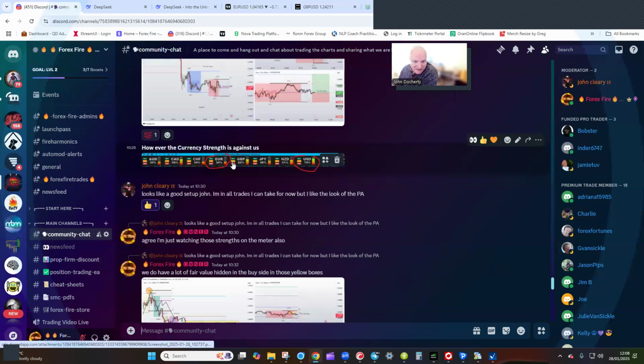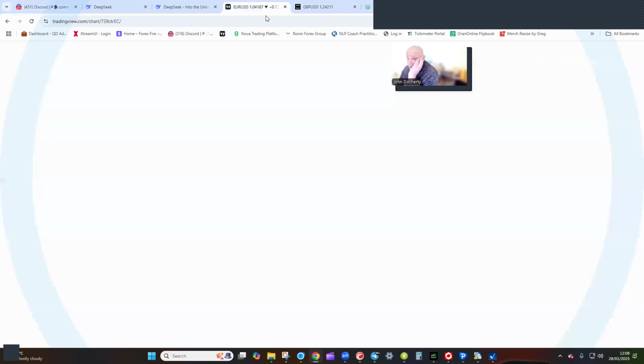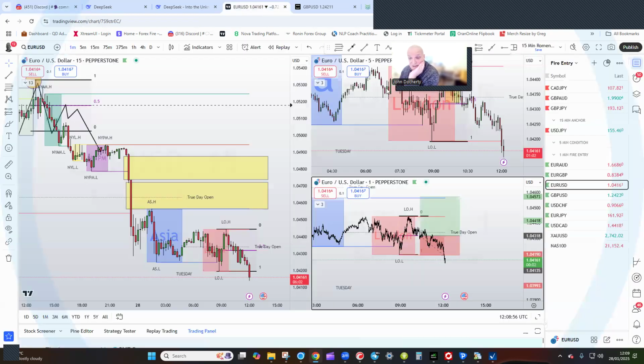Yes, the Euro USD, the strength was against us. So again, I'm still documenting the mechanics that the setup was there, but we know that this has hit the SL, so we understand part of the reason. So it's understanding the price action and why it's done this. Obviously, currency strength, to be fair, okay?